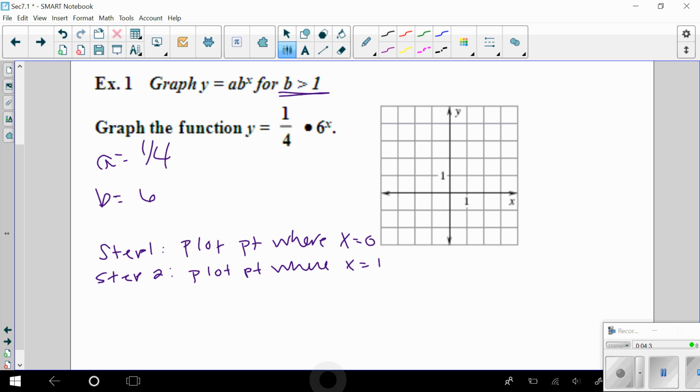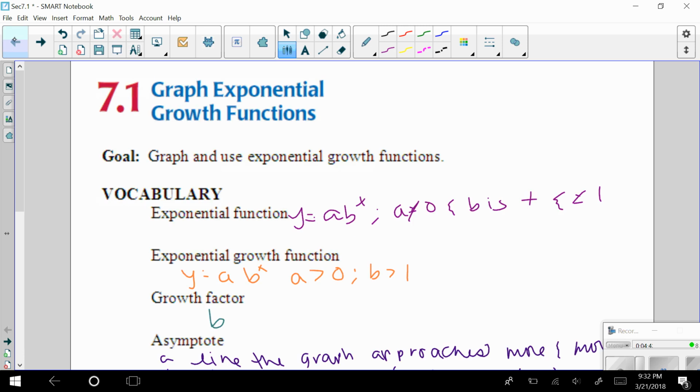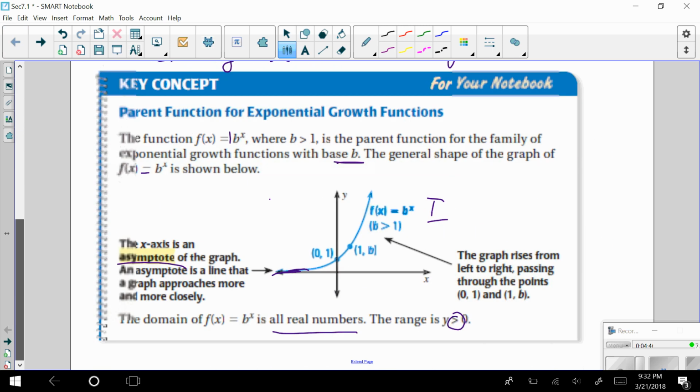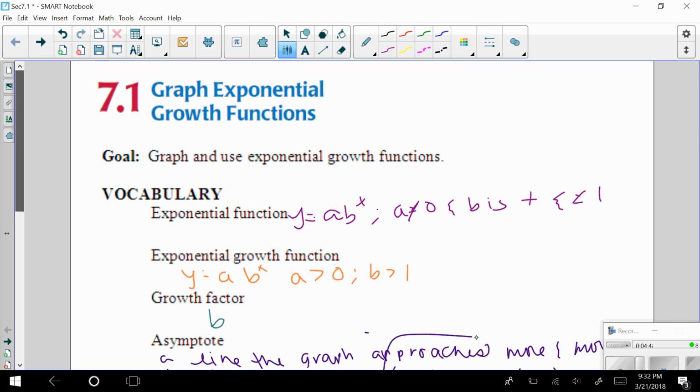Because again, we know that our domain is all real numbers, but our range is y is greater than 0. And that we saw in our last slide, the range y is greater than 0.